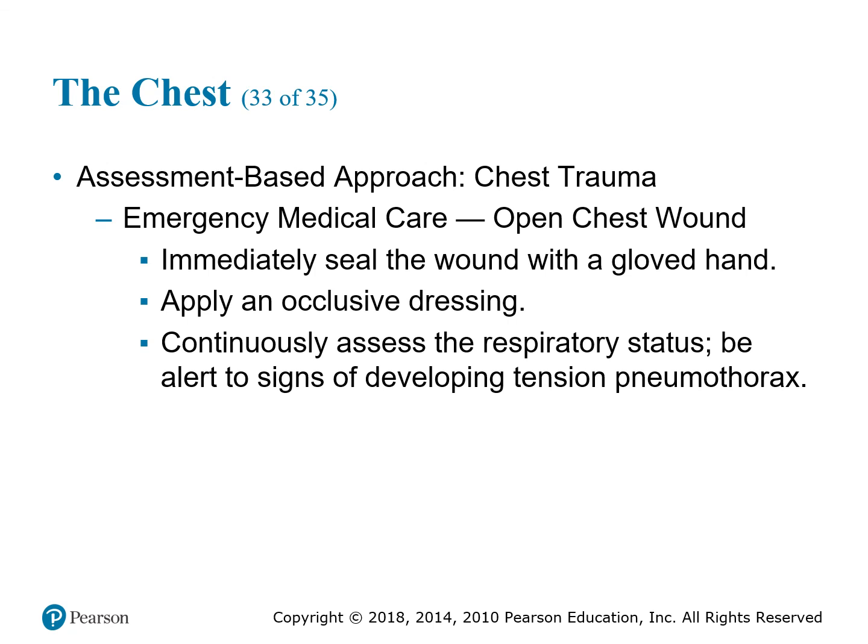And now he's talking 2 to 3 word sentences. Now his O2 sats are dropping down to 90. Now his jugular veins are starting to get all distended. All right, that progressive respiratory distress is letting you know that maybe that pneumothorax that you had is developing now into a tension pneumothorax.